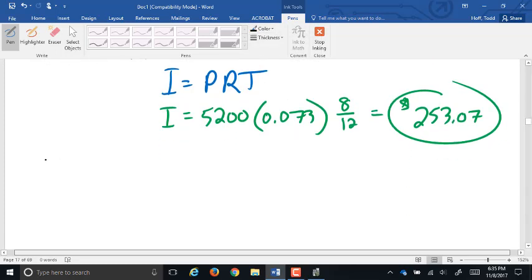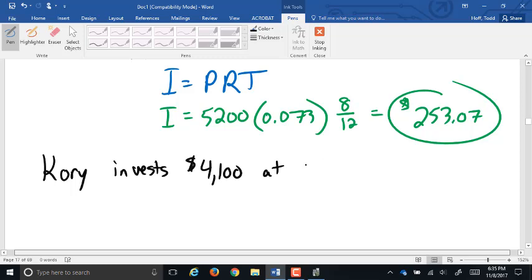Let's say that Corey invests $4,100 at 4.75% interest for 150 days.